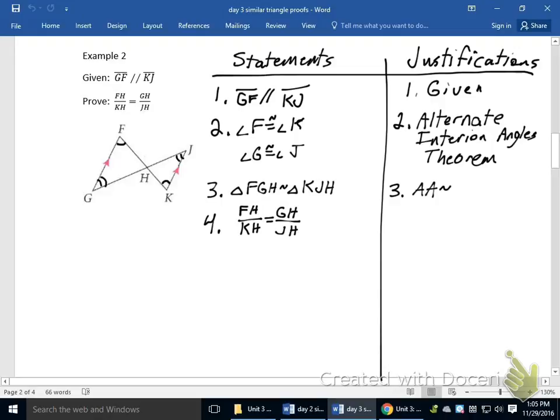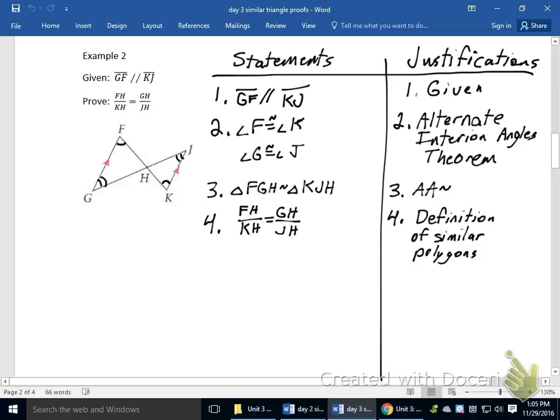Now, the reason why this is true is because the triangles were similar, and if they're similar, their corresponding segments have to be proportional. Now, you could say a few different things about why this is the case. I would accept something as simple as the definition of similar polygons, because that's what you're referring to. Some people want to make something like what CPCTC was for the last unit.